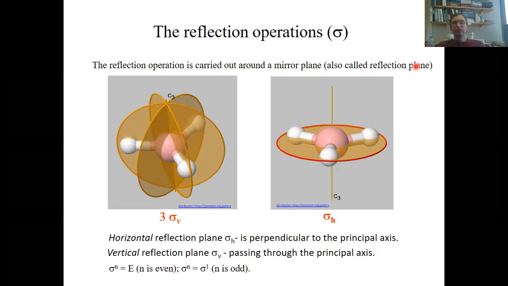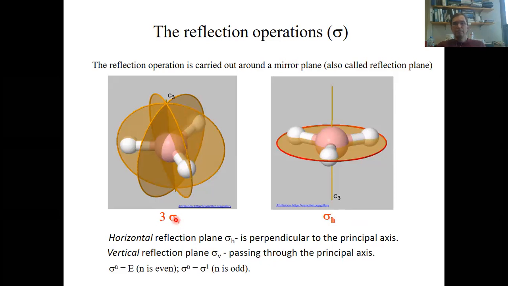So there are two different kinds of planes. There can be vertical mirror planes. They are denoted sigma subscript v, and horizontal mirror planes that are denoted sigma subscript h. So what's the difference? So a horizontal mirror plane stands perpendicular to the principal axis.